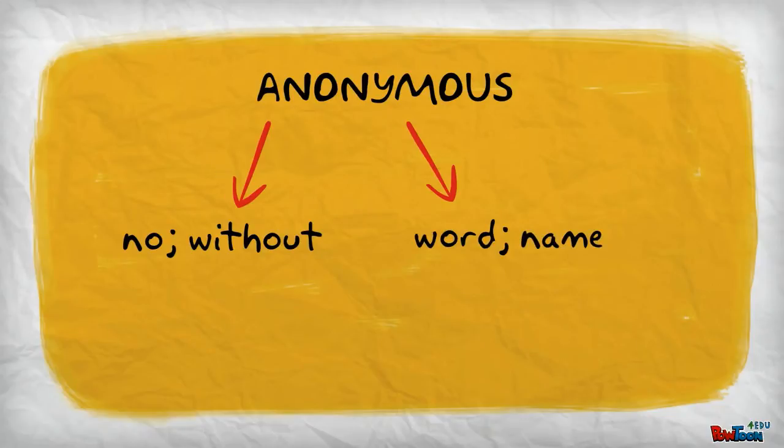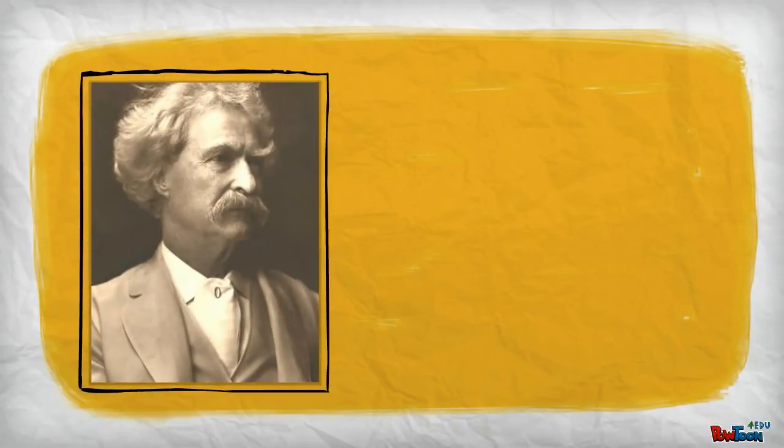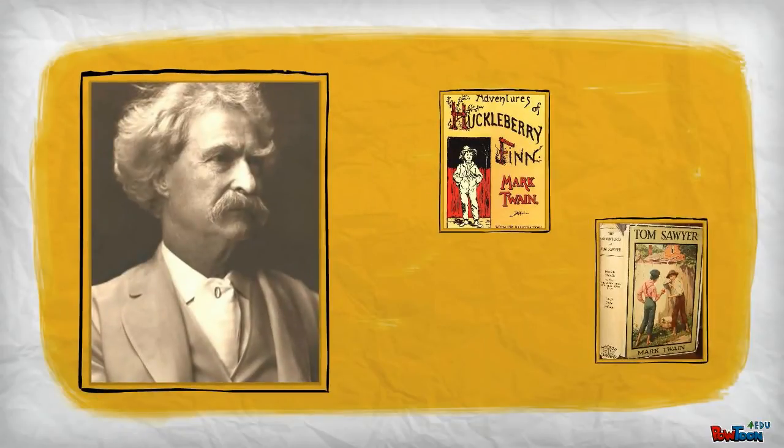She sent an anonymous letter to the newspaper. Here's one that's related. Pseudo means false, so a pseudonym is a false name, one that authors often use. In that case, it can be called a pen name. Mark Twain, for example, was the pseudonym used by Samuel Langhorne Clemens, who wrote books like Tom Sawyer and Huckleberry Finn.